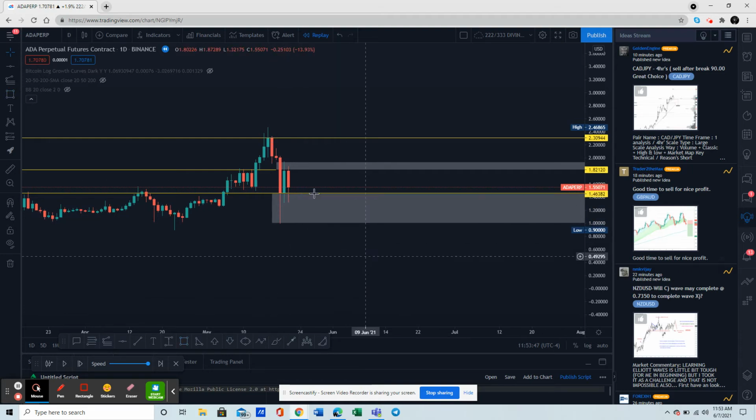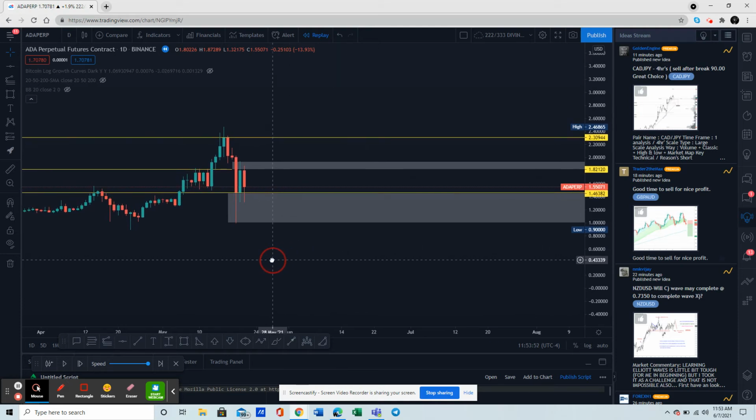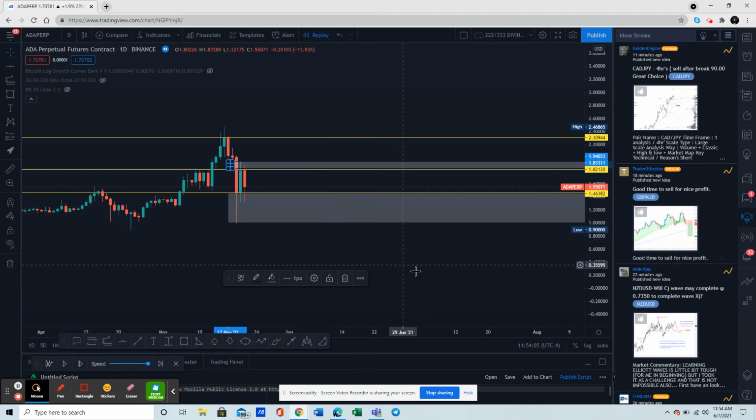It's a long wick that needs to be filled too, right? Let me move this up a little bit so I can see my resistance line. If we were looking at this, if price breaks above and closes, we could take the trade. If price breaks below and closes here, we'll take the trade to the downside.